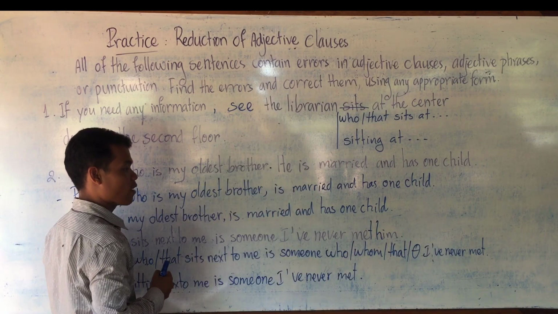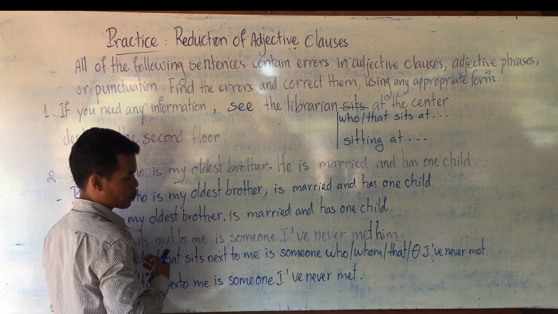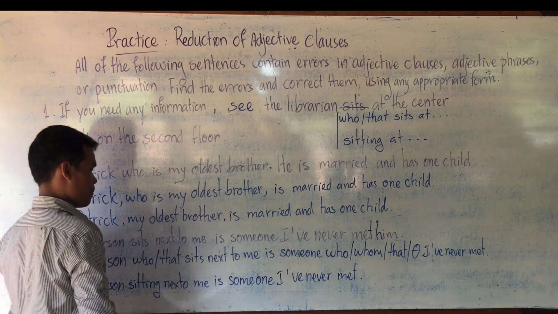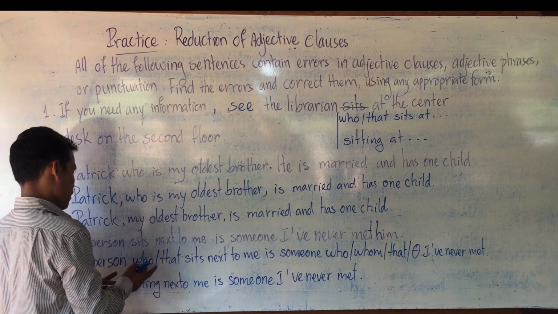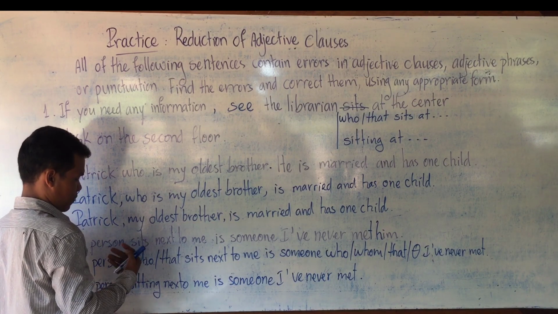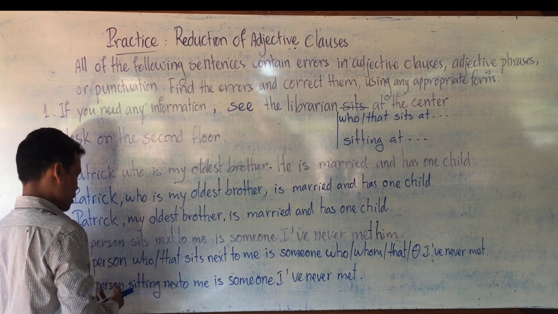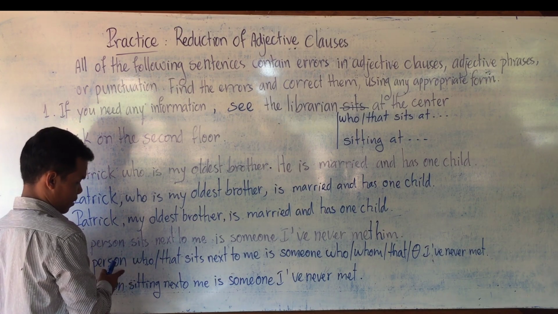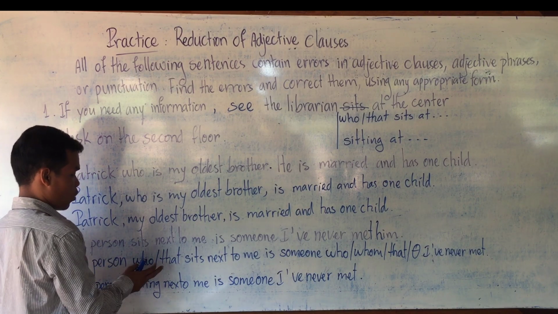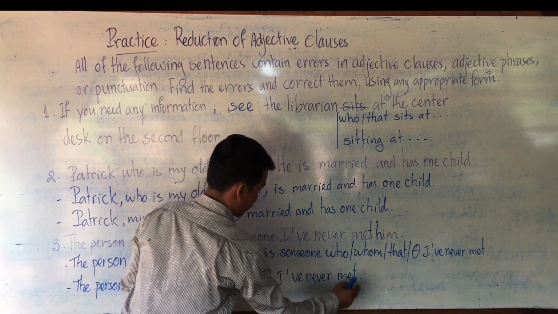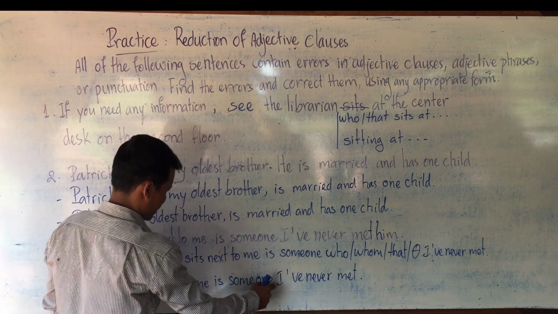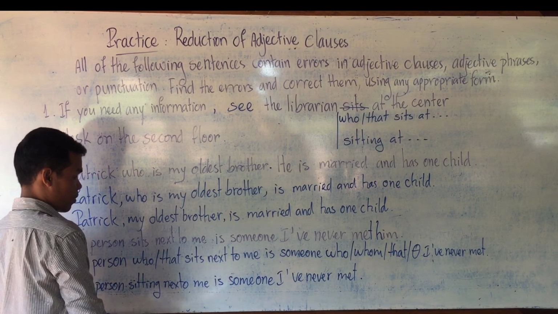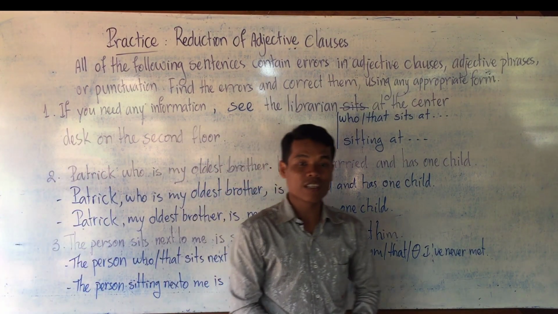When the relative pronoun functions as an object, whom is the best for a person, and who is the best when the relative pronoun functions as a subject, and also it is a defining relative clause like this. So who and whom are the best. How about deleting the relative pronoun, is it more formal? No, not really. It's only informal.